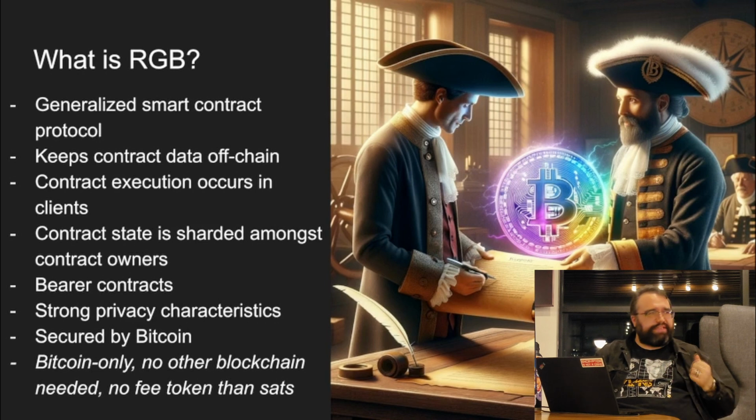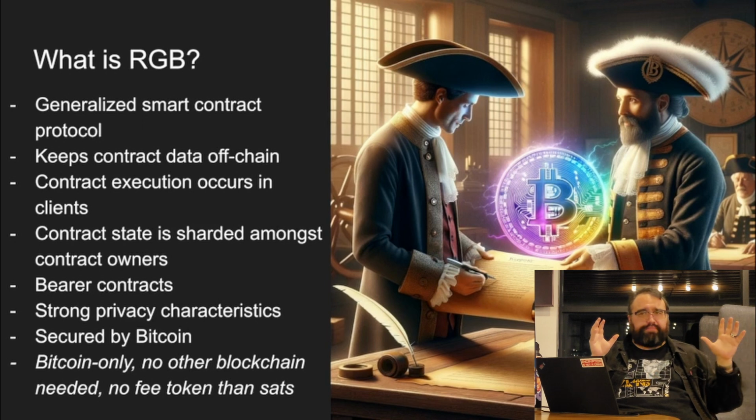And what's interesting also is, since you're taking this data and putting it in your own custody, taking it off chain, off the responsibility of a node, and into your own wallet, then you have really strong privacy. Because you're keeping the information to yourself, you're not sharing it with anybody who isn't involved in that transaction.